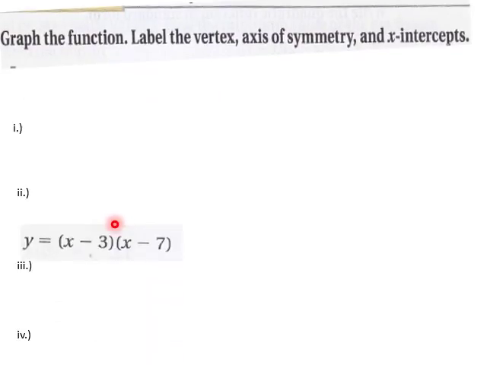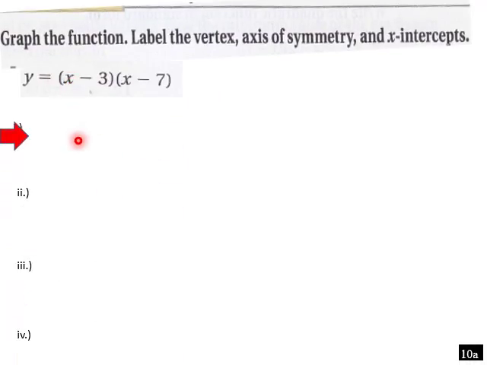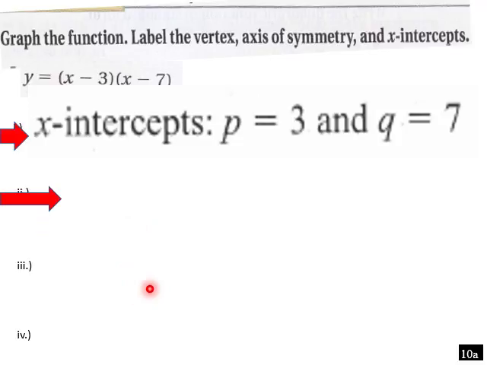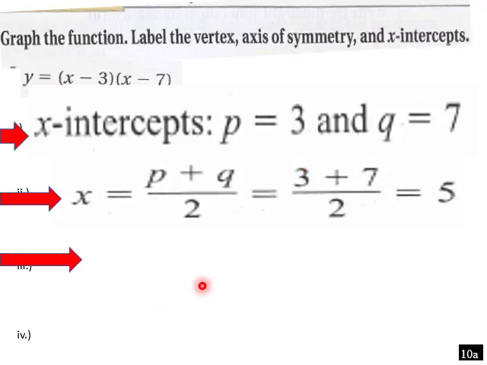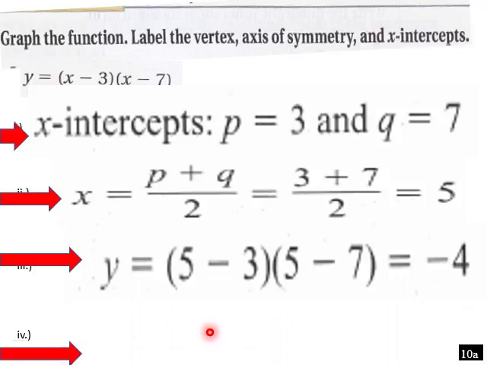You are guided practice now. Here is our quadratic. Here are the x-intercepts, p equals 3 and q equals 7. So we put that in and we find the average, the distance between 3 and 7, we get 5. So when x equals 5, we plug that back in, it'd be -4. So when x equals 5, y equals -4 would be our vertex.